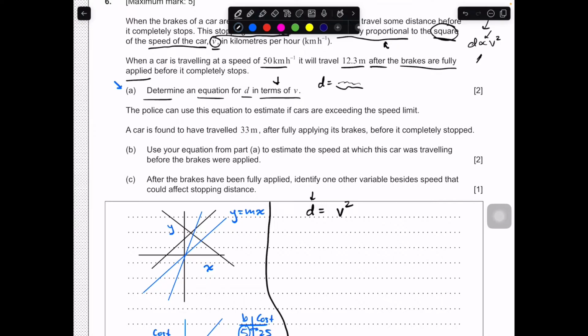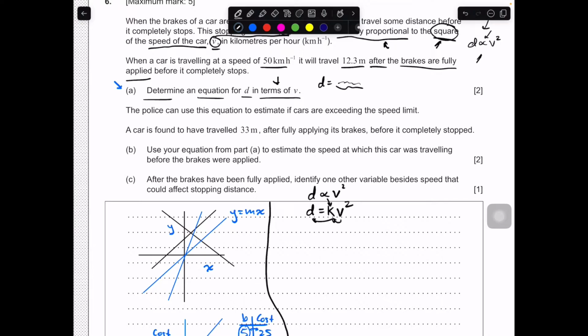It doesn't necessarily have to be squared, it can be cubed or just by itself, but it's equal to k, some proportionality constant. So if the distance is proportional to the square of the velocity, what we're asking is, what is this proportionality constant? What do we need to multiply our velocity squared by in order to get distance?